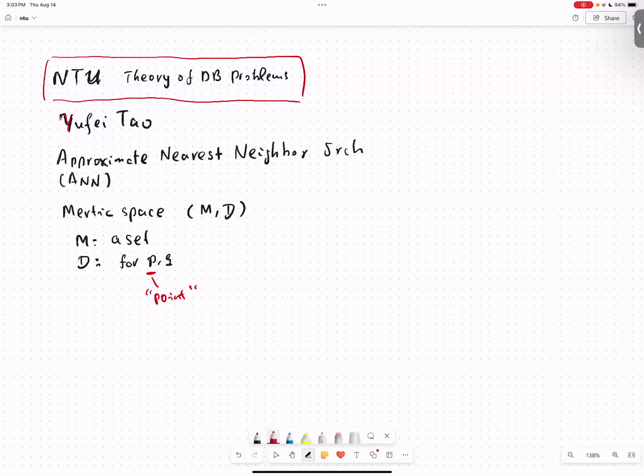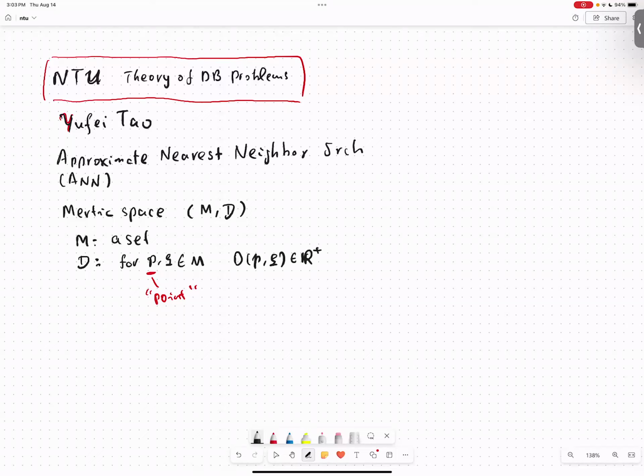This is just a definition. If you have two elements P and Q from M, then this distance metric will give you something in the non-negative real domain.